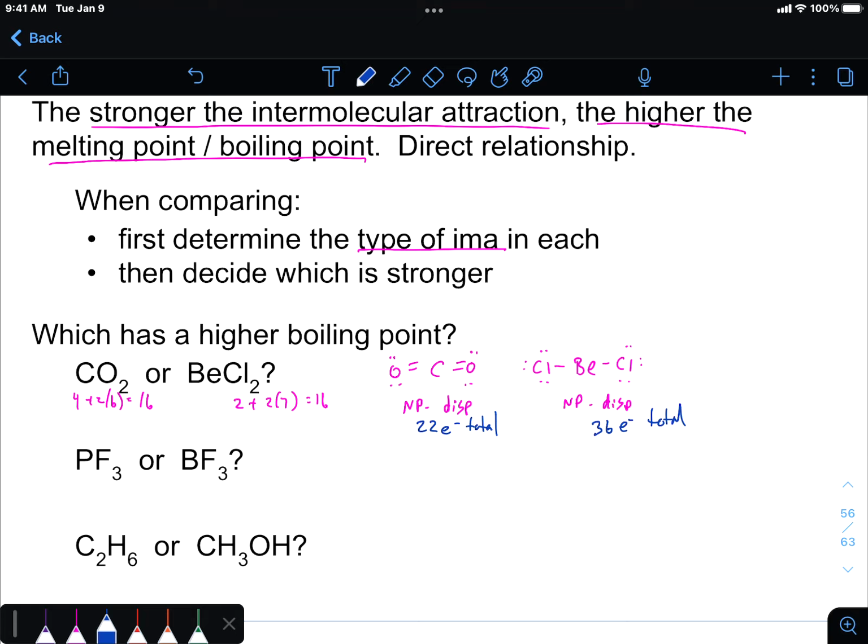Okay, so well, this is not really close. Beryllium dichloride has way more dispersion forces than carbon dioxide does. All right, so the higher boiling point is going to be beryllium chloride because it has the stronger intermolecular attractions.